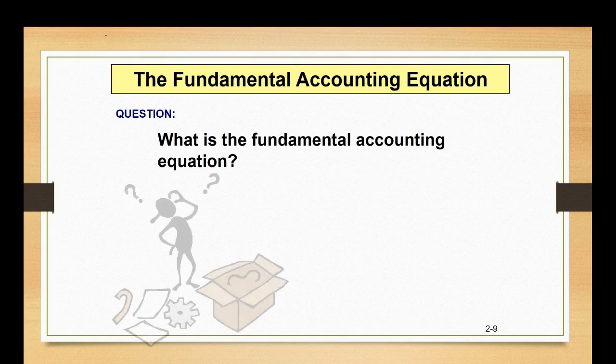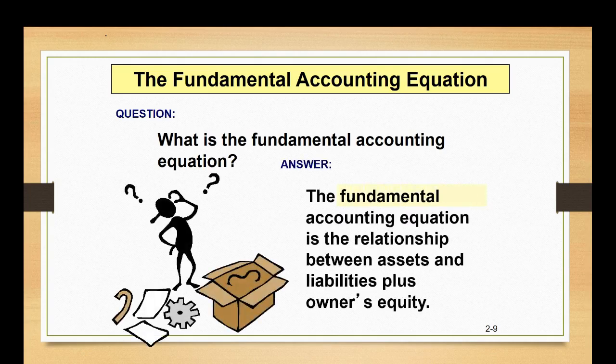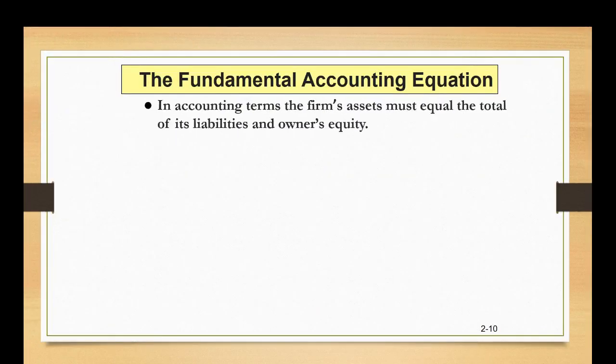The fundamental accounting equation always has to be in balance and shows the relationship between assets and liabilities plus owner's equity. In accounting terms, the firm's assets must equal the total of its liabilities and equity at all times.